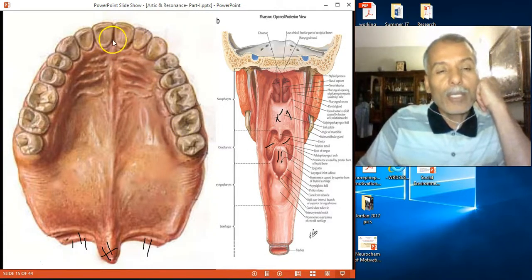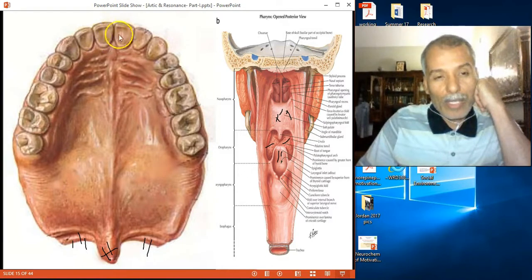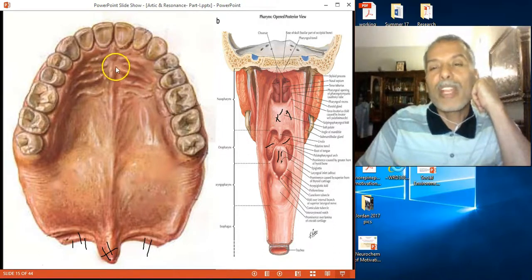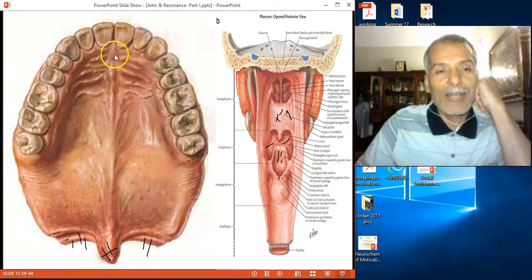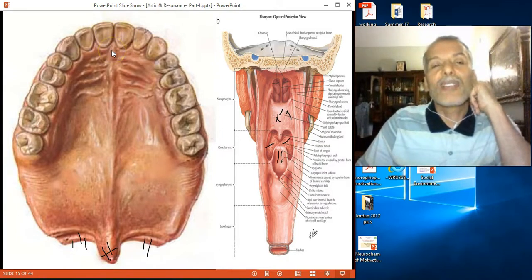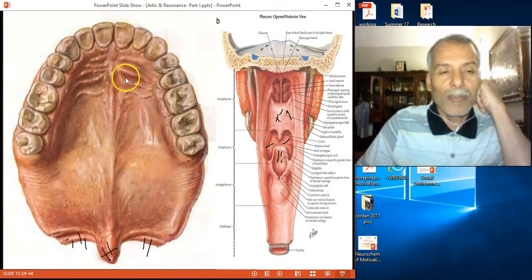So from the front to the back: maxillary incisors, then behind that immediately you start the area that's like a little triangle here. You can actually include this. That's called the premaxilla. And you can see behind the two maxillary incisors, that little area here is the alveolar ridge. This is where you make the sounds s, t, d, l.